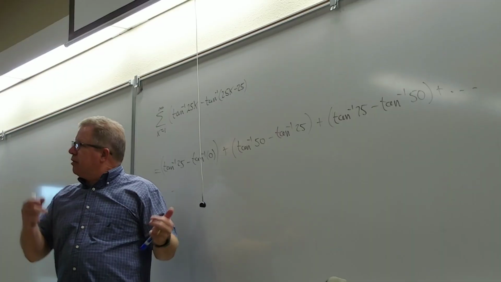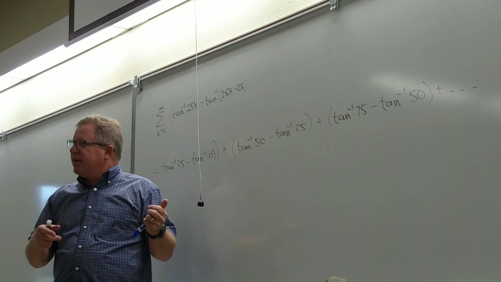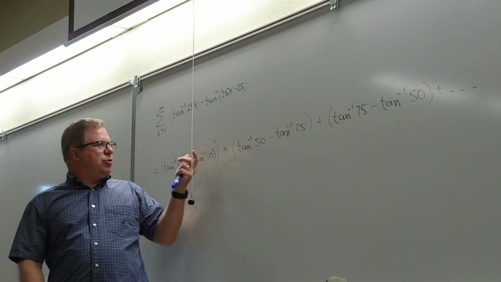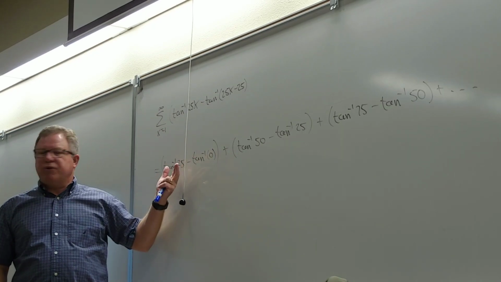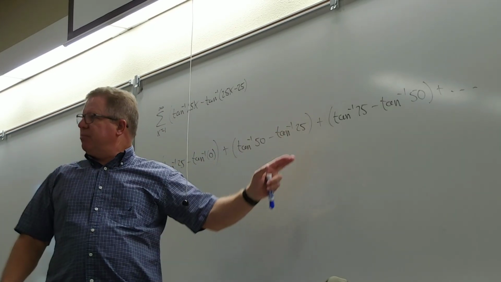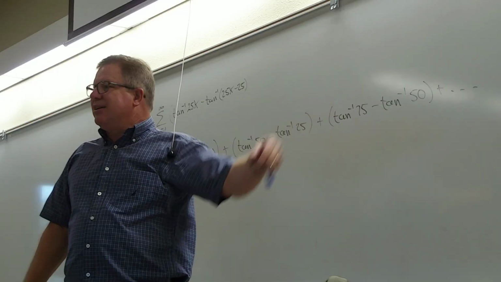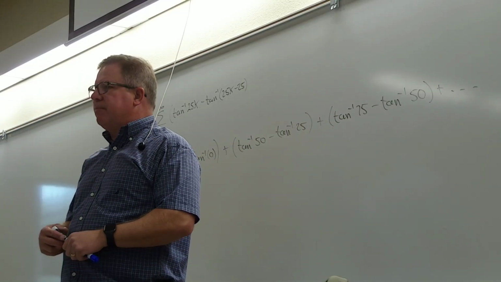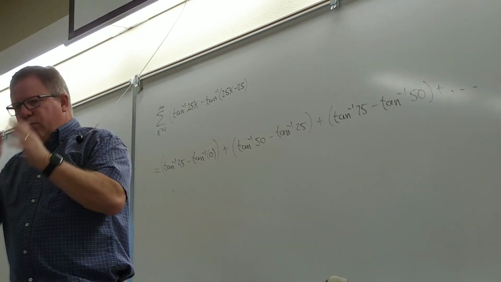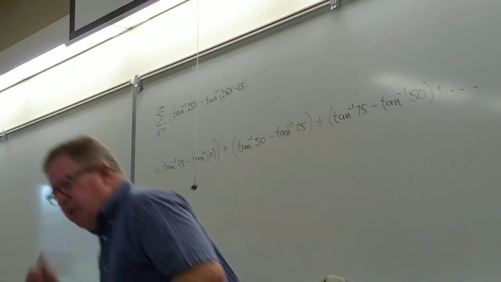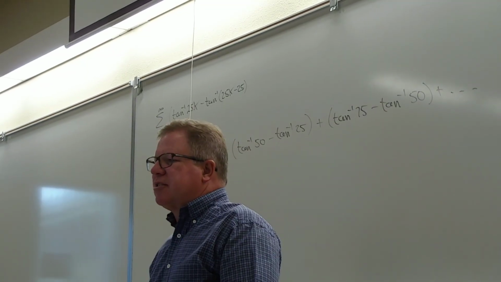Every time we add one, another pair is going to cancel. And pretty soon there's only going to be one or two terms left over. Everything's going to cancel in the middle, and then we'll have something at the end in terms of n. We don't have to carry out the test.